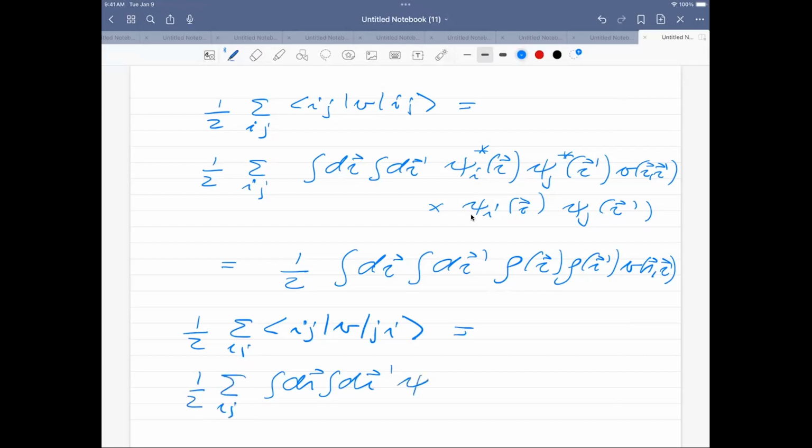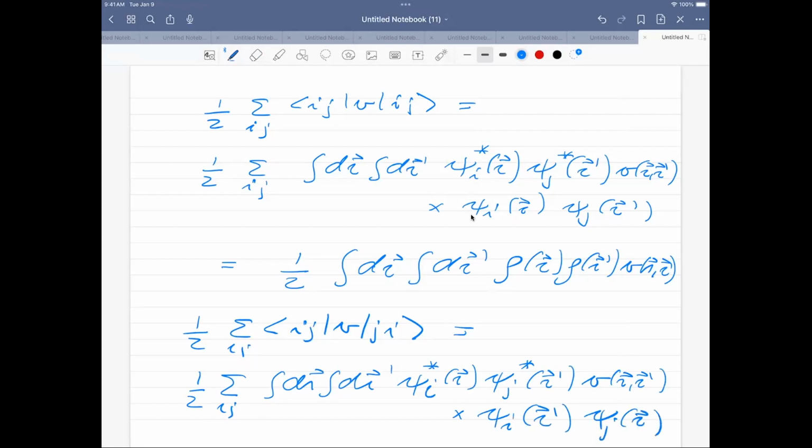And then I have a psi i complex conjugate of r, psi j complex conjugate of r prime. I have the interaction matrix element, and this is multiplied with psi i, but now with the coordinates r prime, and psi j here with coordinates r. And this is something which I cannot now write out as two densities times interaction and then their integral. So this kind of non-locality is the one which actually causes problems for us.